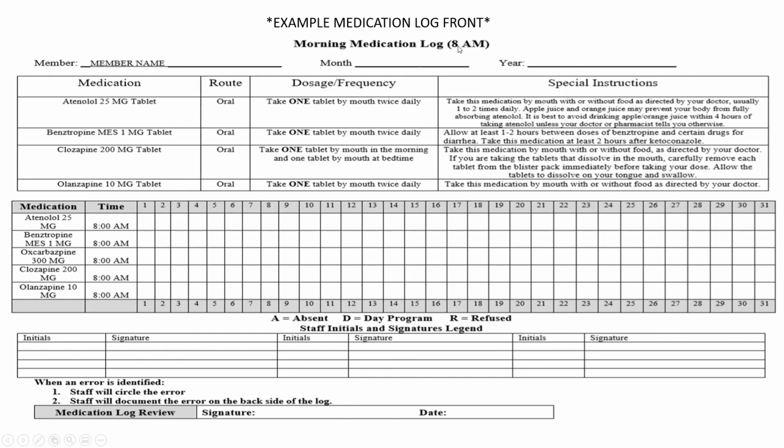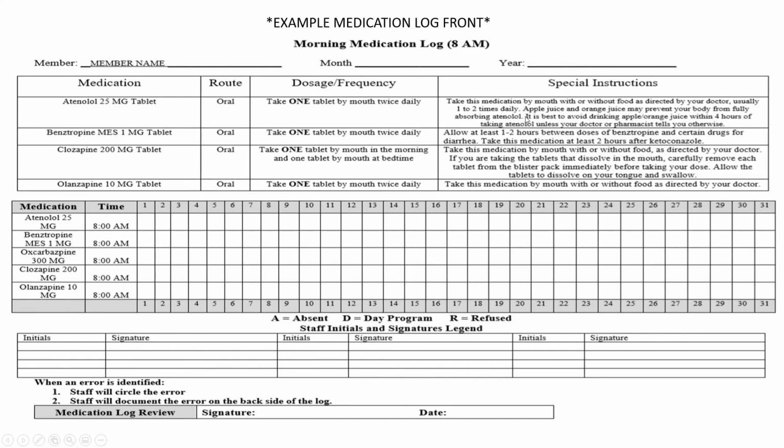So we'll make sure, okay, it's a morning medication, this log, with the specific member's name, the month and year that's relevant, the full medication name. So this one is atenolol 25 milligram tablets taken orally once at 8 a.m. Looks like twice daily though, so this member probably takes another one in the evening.